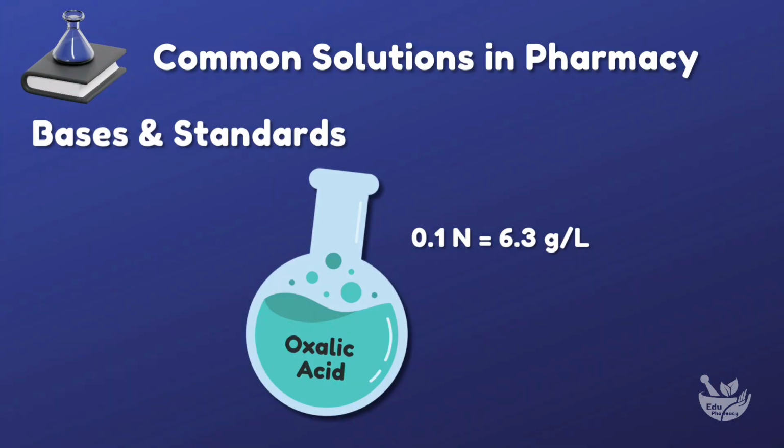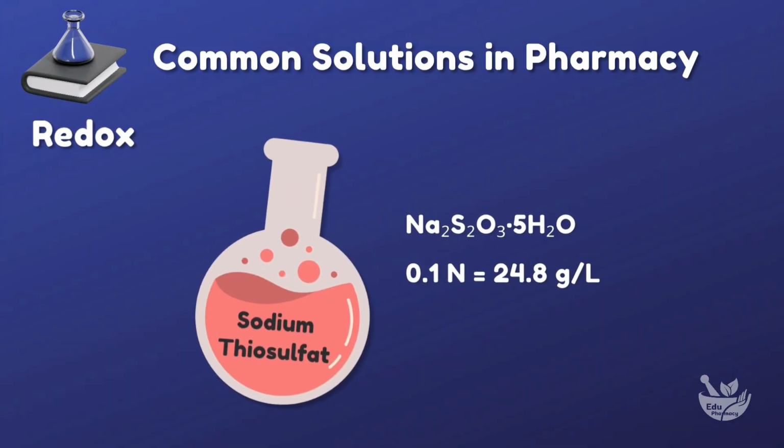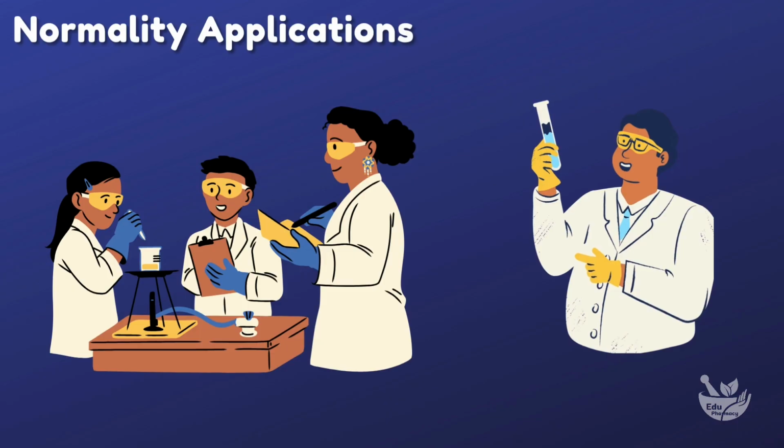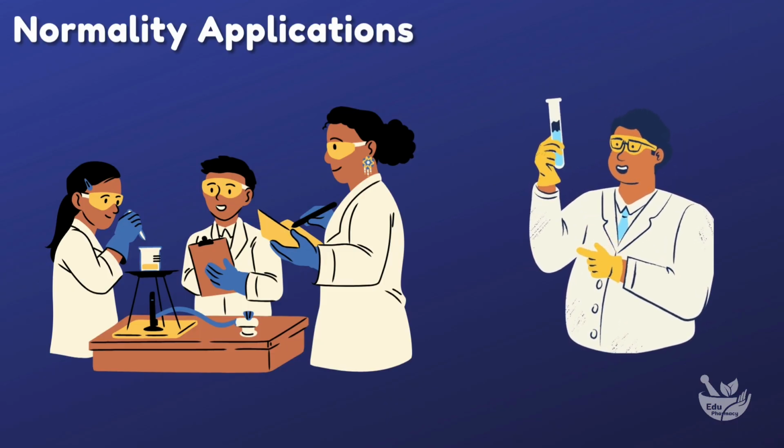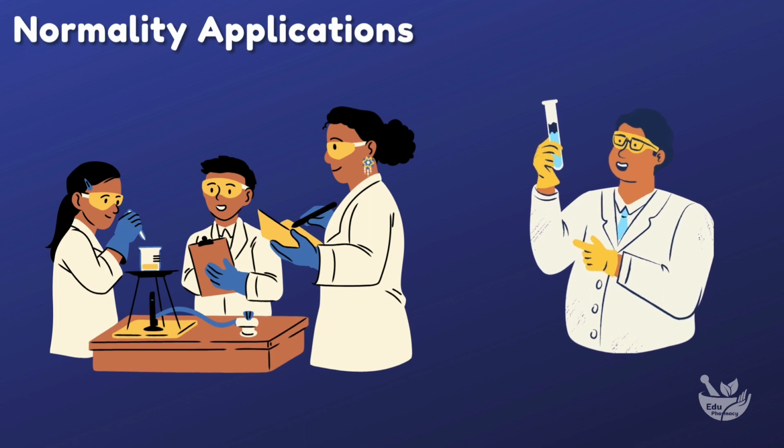And sodium thiosulfate, commonly used in iodometric titrations. 0.1 normal solution is prepared by dissolving 24.8 grams in 1 liter. These examples show how normality is directly applied when preparing solutions for titrations and assays.